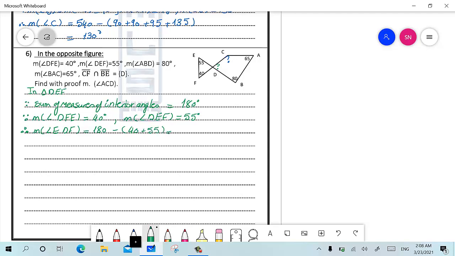So this is equal to 85 degrees. I know now that this angle is 85 degrees.